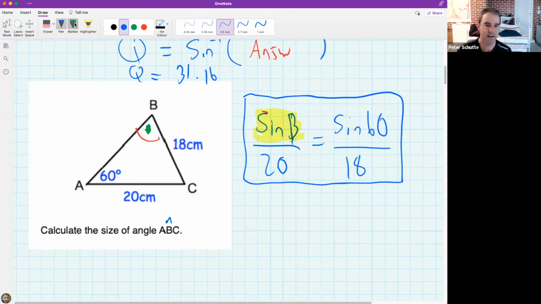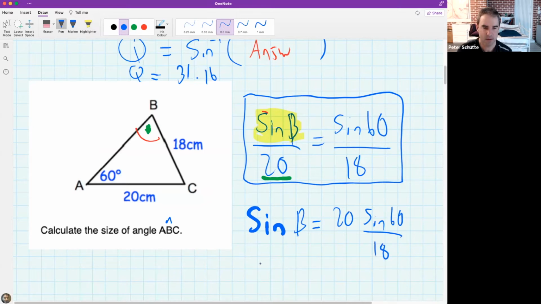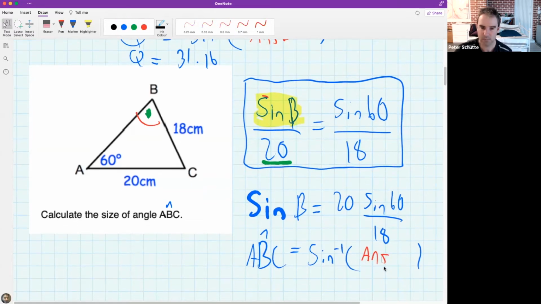So it feels like the next thing I have to deal with is the 20. So I'll get sine of B is 20 times the sine of 60 over 18. And then to get the angle B, or in this case it's ABC, we need to go shift sine, and then we need to do whatever the answer was above it. So basically, whatever we got for that answer there, or you can just type it straight into your calculator, and let's see what everyone gets.